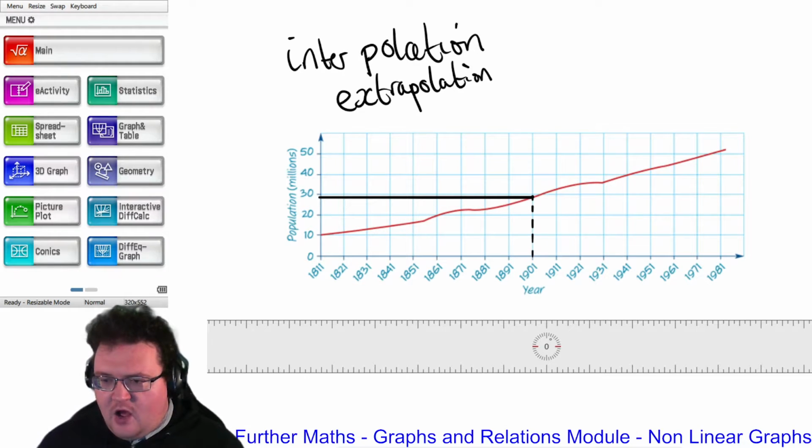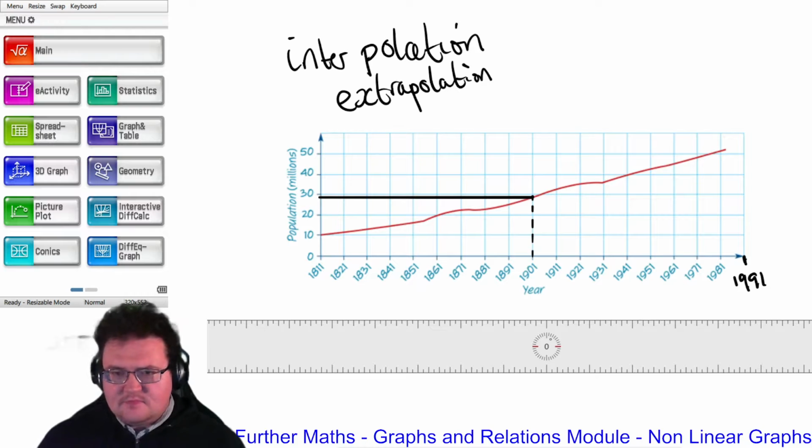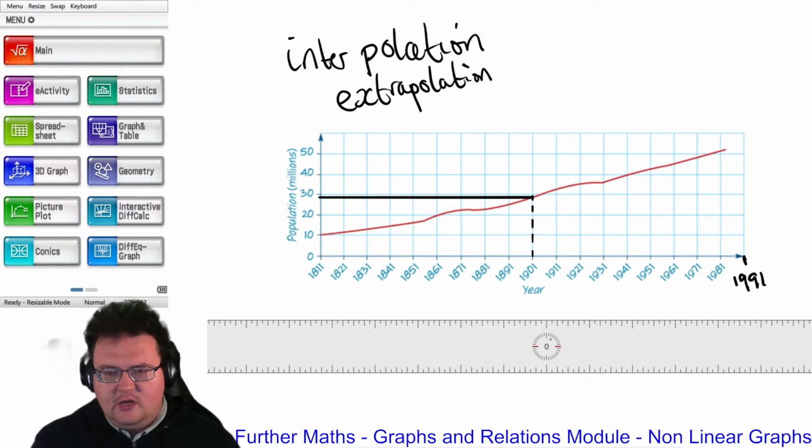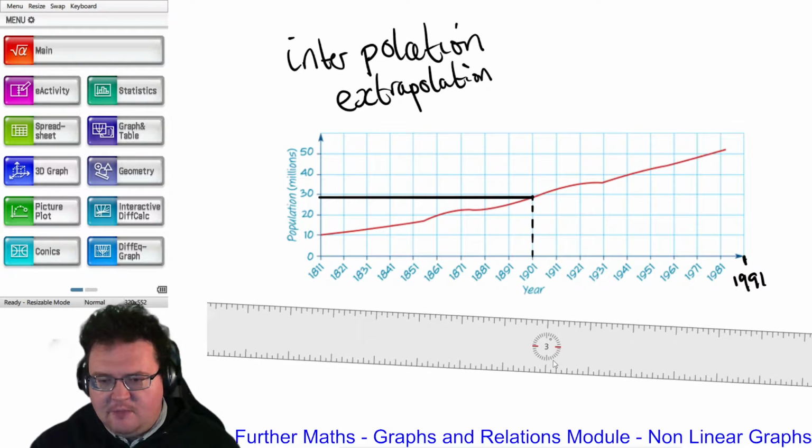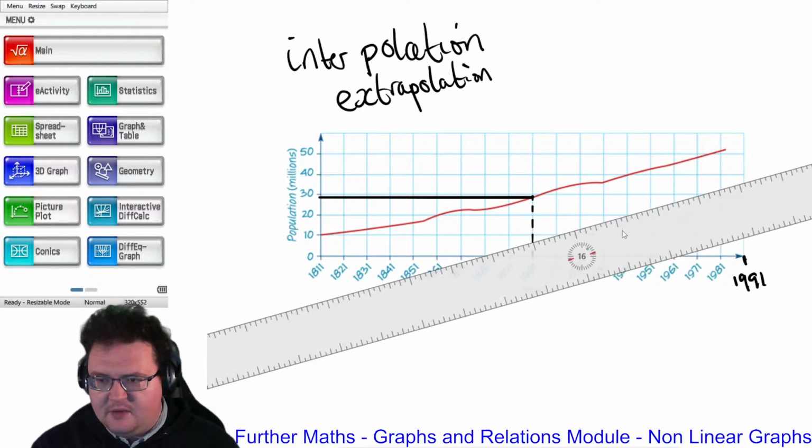Now, if I was to look at this picture and extend this to another point here, what would be the next marker? All right, it's going to be 1991. I can look at that line and follow along that line reasonably well. So I'm going to use my graph and make a prediction.